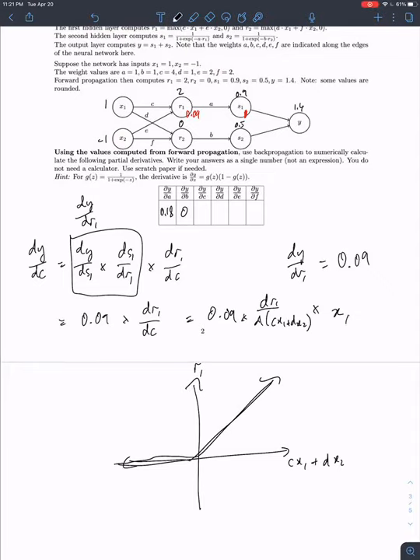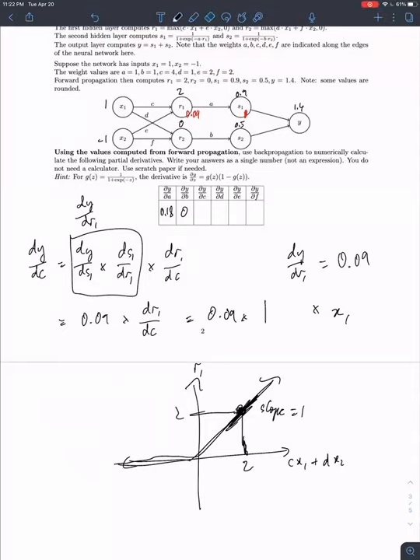Now dr1 over d(cx1 plus dx2): because r1 is 2, we can tell that we're on this side of the ReLU, so cx1 plus dx2 must be equal to 2. On this side of the ReLU the slope equals 1, so the derivative of r1 with respect to this weighted sum is 1.